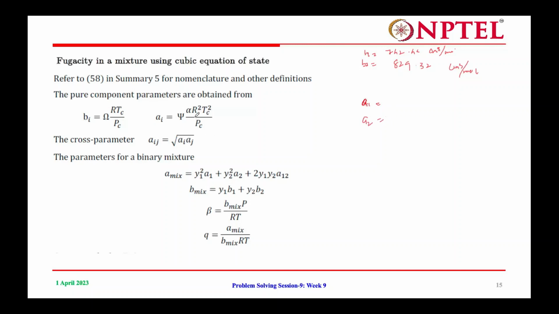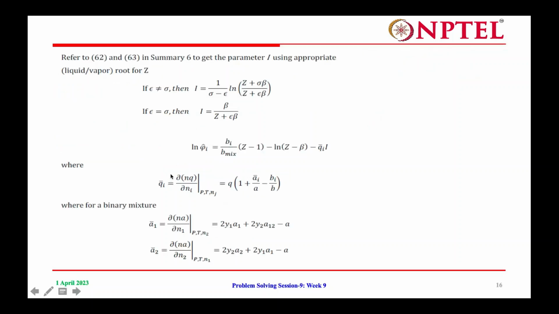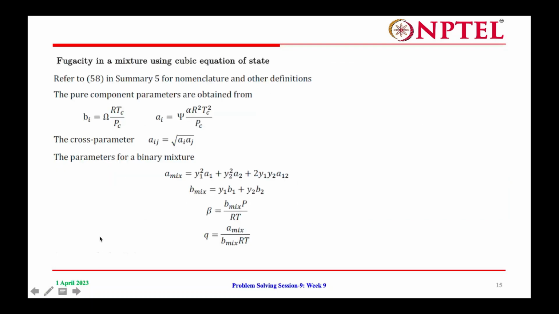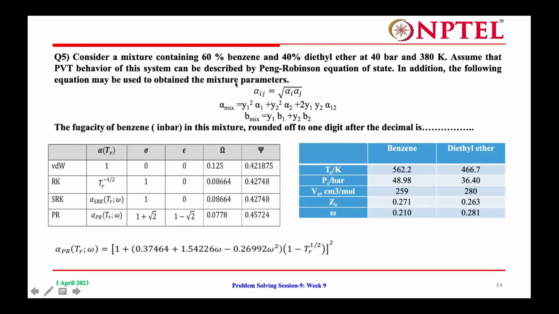So this is given, so it's the alpha. Now to calculate the alpha value, we have to use these relations. So we'll get the alpha value. Put the R value and TC for benzene and diethyl ether.